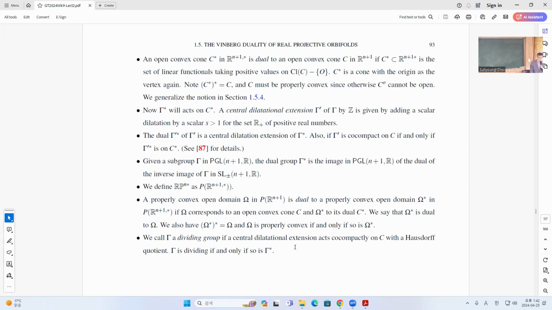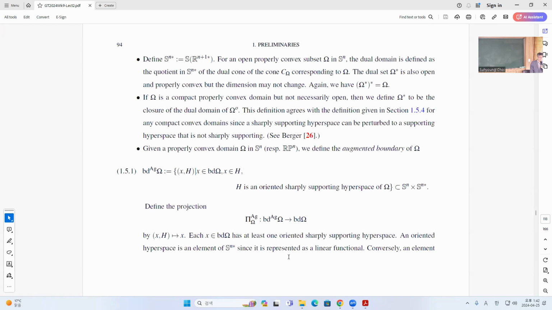Gamma is a dividing group if the central dilatation group acts properly and co-compactly on C with Hausdorff quotient, and gamma is dividing if and only if the dual group on C star is. So we can do this for S^n star.